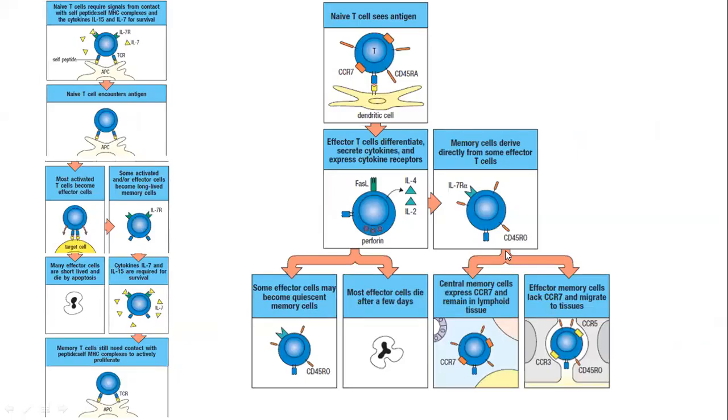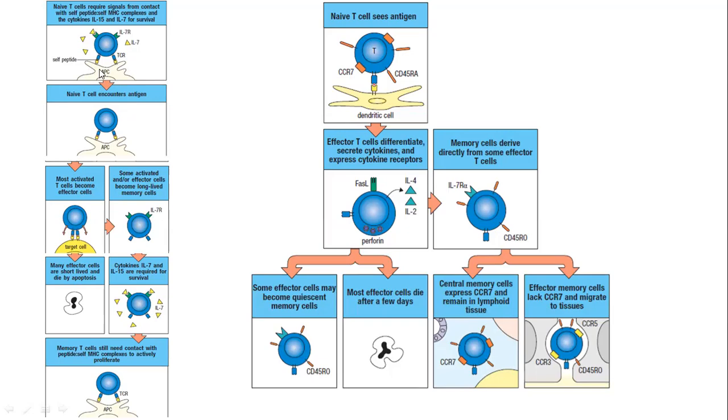And like we covered when we talked about B cell activation and differentiation, now the T cell. Here we have a naive T cell coming in contact with an antigen presenting cell.